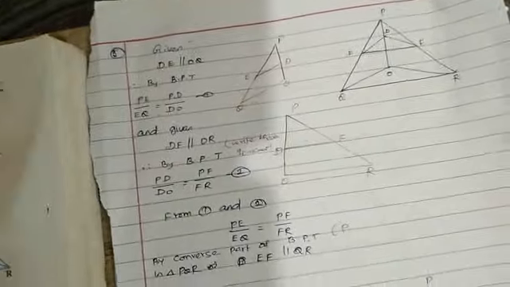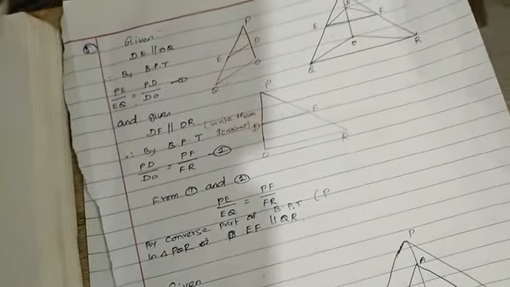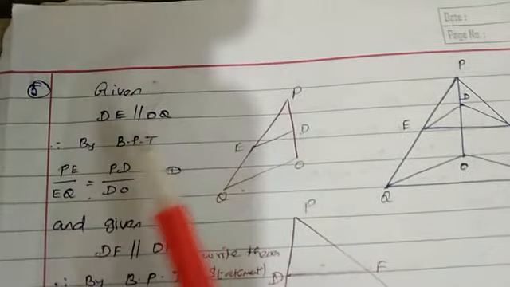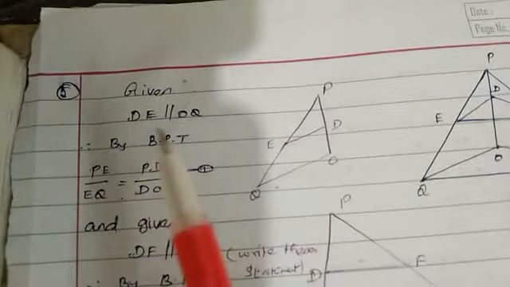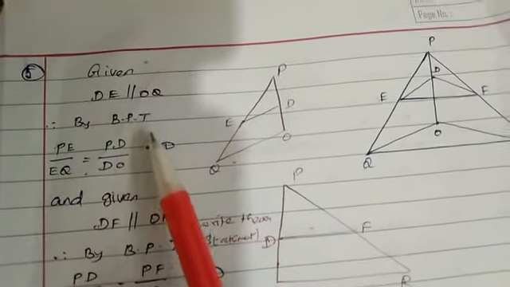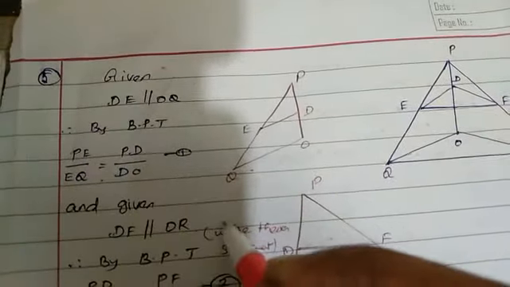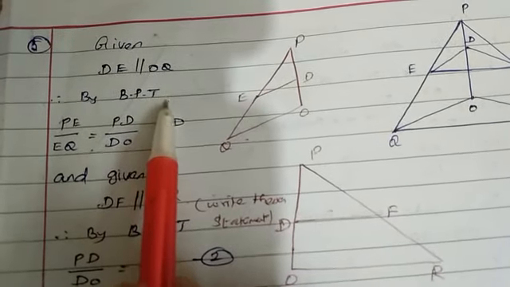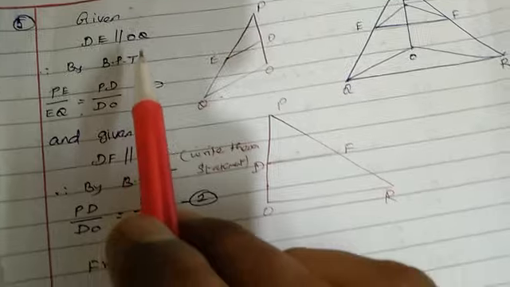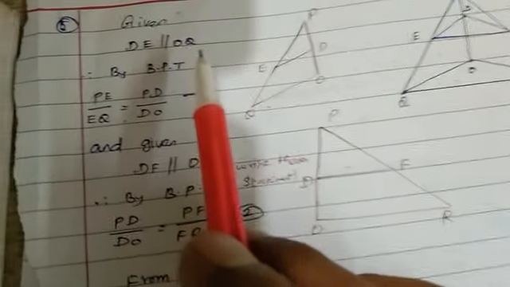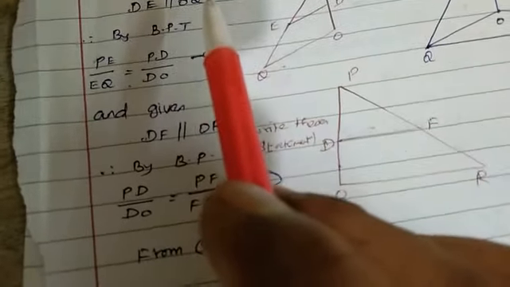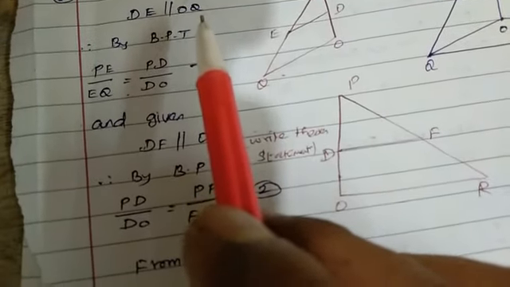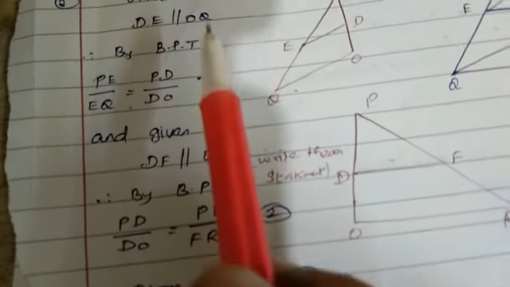For that, given first one, DE parallel to PQ. So by basic proportionality theorem, after that write the theorem statement. Please write the theorem statement in any one form: by basic proportionality theorem, if a line is drawn parallel to one side of a triangle to intersect the other two sides in distinct points, the other two sides are divided in the same ratio.